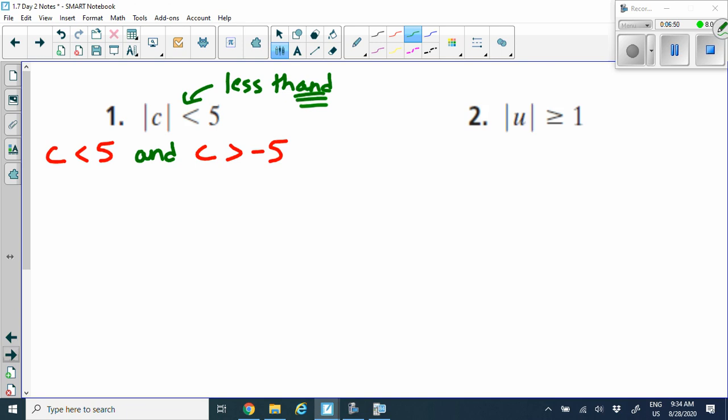Notice how we wrote this: C is less than 5 and C is greater than -5. Now, there is another way that we can write this. It's what we call a compound inequality.